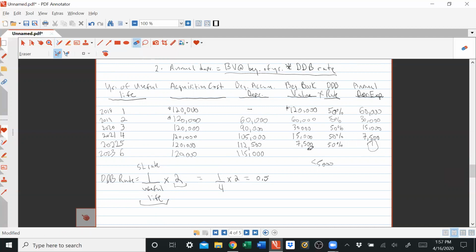Because that way our book value will be exactly equal to our salvage value. Then we're done depreciating. So what does that question mark need to be? If you think about it, something plus 112,500 equals 115,000. What is that something? It's 2,500.